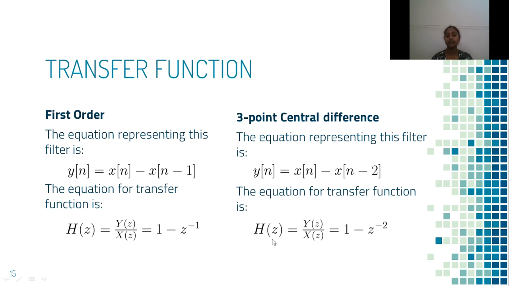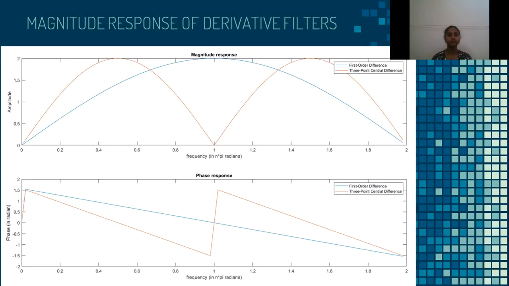Hence H of z equal to Y of z by X of z equal to 1 minus z power minus 2. This is the magnitude response. Here the blue one indicates the first order difference, and the red one indicates the 3-point central difference, and the corresponding phase responses are like this.